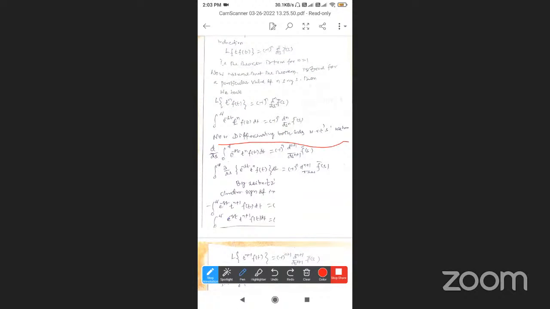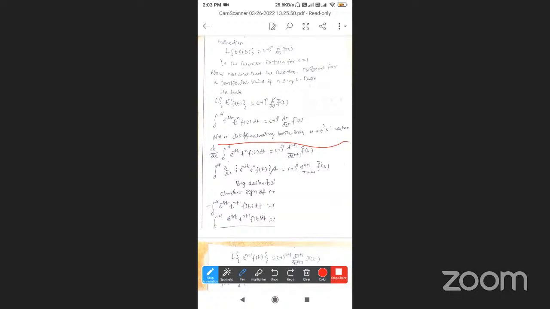Now differentiating again both sides with respect to s. The left side and right side will both be differentiated with respect to s.